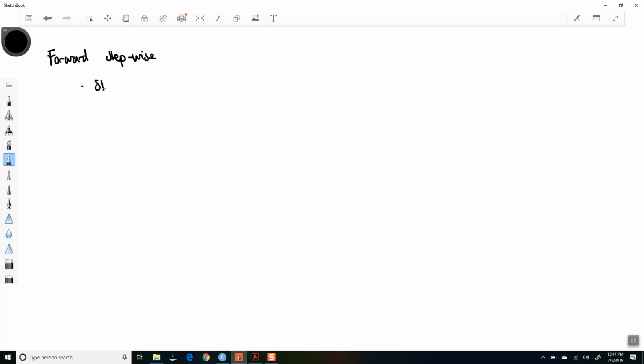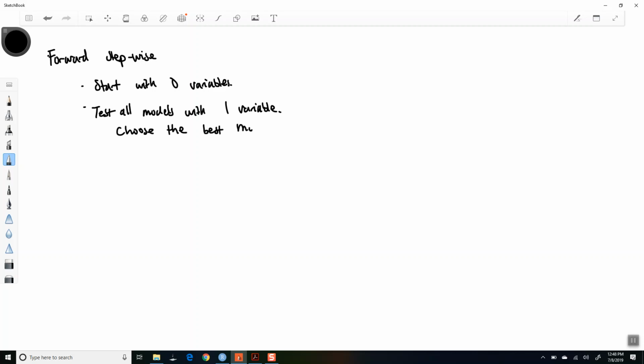So forward stepwise. You start with 0 variables. Then we test all models with 1 variable. And then you choose the best model.